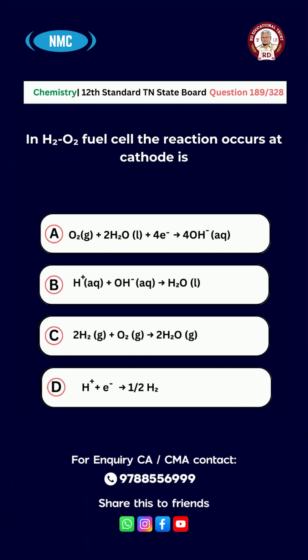Option C. Gaseous 2H2 plus gaseous O2 gives 2H2O gas. Option D. H plus e minus gives half H2. The correct option is option A. Gaseous O2 plus liquid 2H2O plus 4e minus gives aqueous 4OH minus.